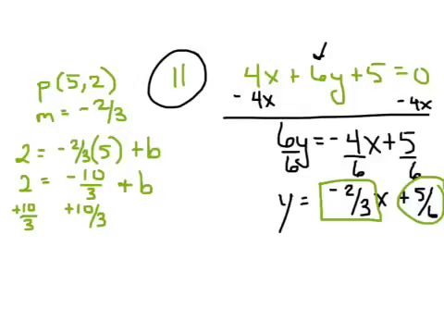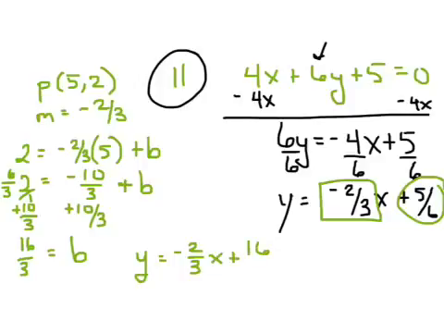One more time, we need a common denominator, and the common denominator for that is 3. So I multiply the top by 3 and the bottom by 3, and I end up with 16 thirds when I add it together. So my final equation is y equals negative 2/3 x plus 16/3. And that's the equation of my line.